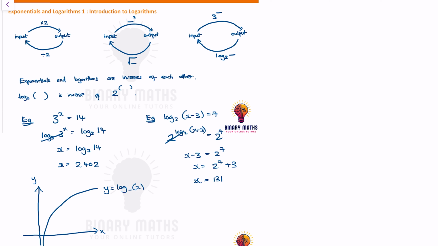Okay, so the log graph, log of x, is defined for positive numbers. Because remember, if you think of the exponential graph, you can't have an output of a negative number. So here the input has to be positive numbers. So the input cannot be negative or 0.